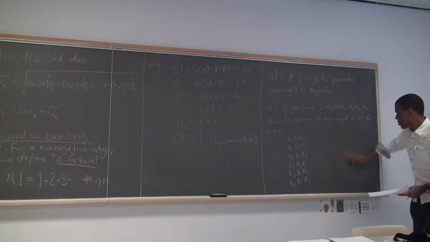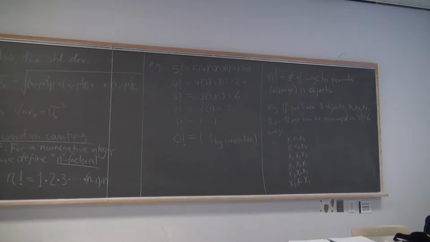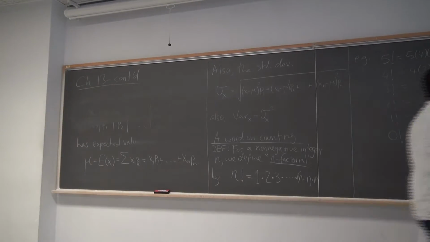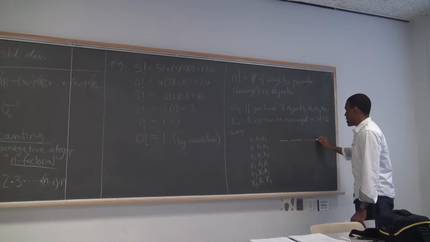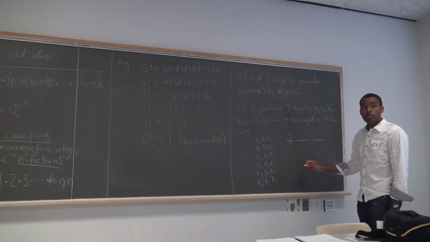One of the reasons it's useful; there are other formulas that use it. So if someone says, how many ways can you arrange 4 objects? Well, there are 24 ways. The idea is, we actually use the multiplication rule here. If you have 3 objects, then you have 3 choices for putting something in first place.